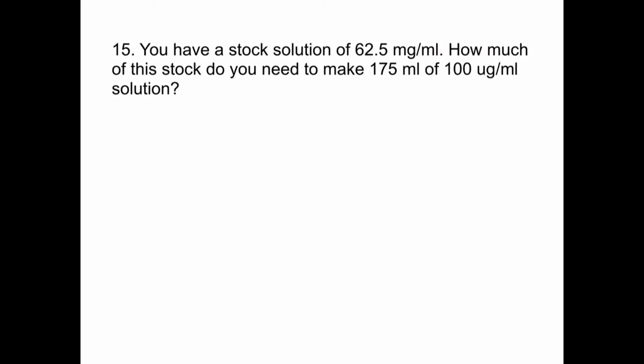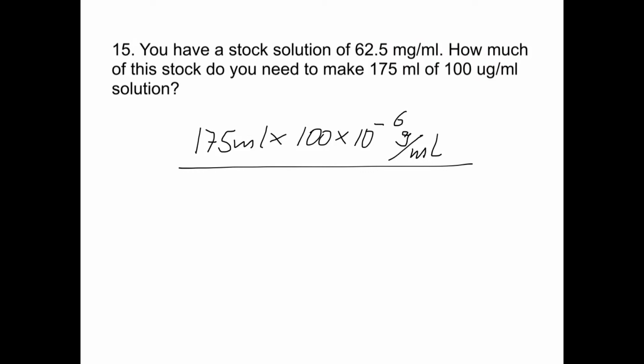So we do doctor times doctor, so the doctor wants 175 milliliter of the 100 times 10 to the minus 6 gram per milliliter, divided by, and that is what the pharmacist has, 62.5 times 10 to the minus 3 gram per milliliter. And I really only need to convert these milligrams and the micrograms. I don't have to worry about the milliliters, because these units cancel each other out.